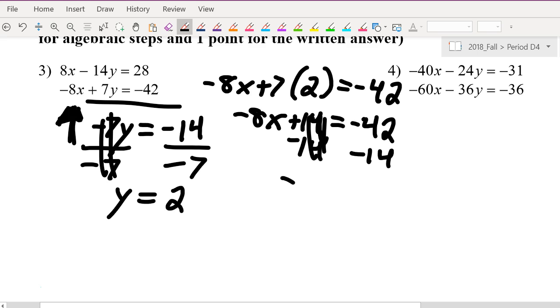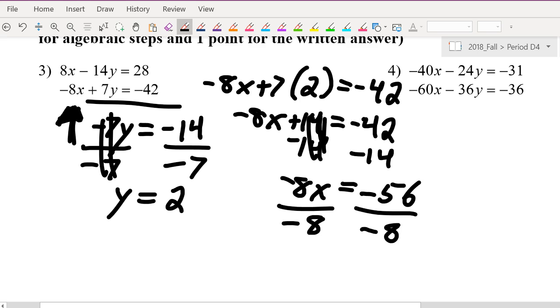Negative 8x equals negative 56. And then negative 56 divided by negative 8 will get us positive 7. Alright, and what is our final answer? Our final answer would be 7, comma 2.